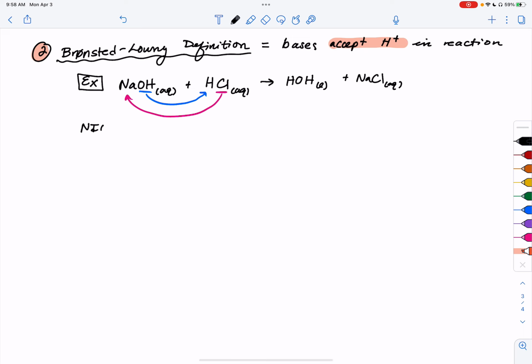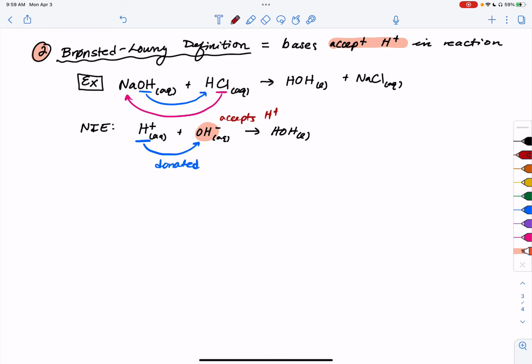And if I were to write our net ionic equation for this, we would again see H+ and OH- forming HOH, where in particular, because we had the acidic proton donated, that means that the hydroxide accepts H+, which is what makes this the Bronsted-Lowry base.